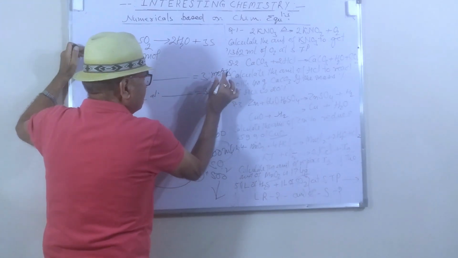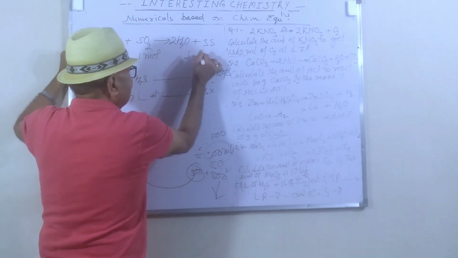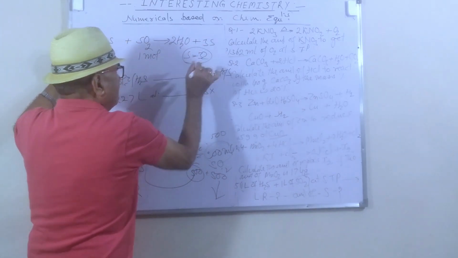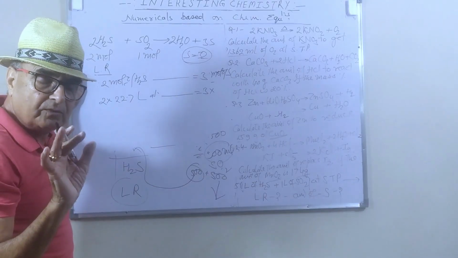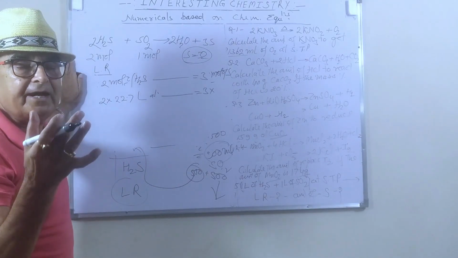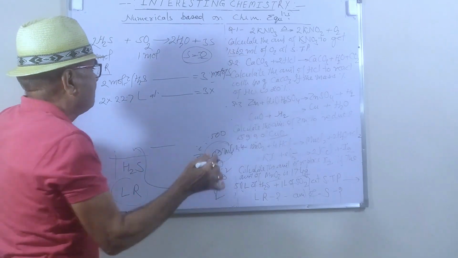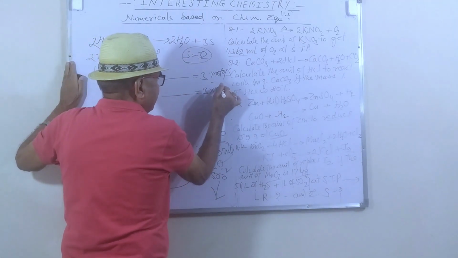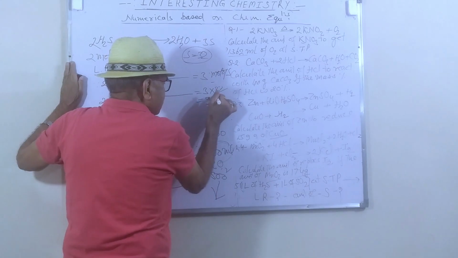The atomic mass of sulfur is 32, so 3 into 32 is 96.